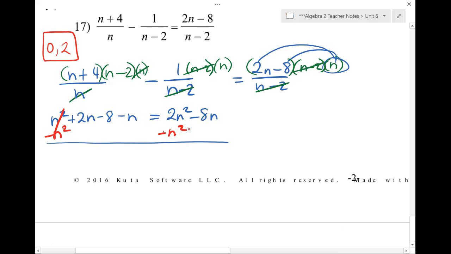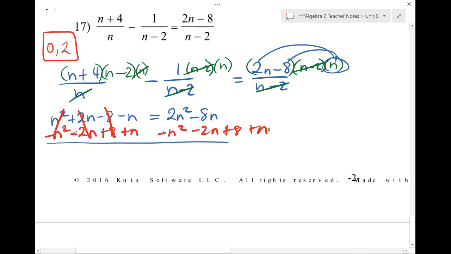Okay, so now I'm also going to get rid of this 2n from this side, so subtract 2n here, subtract 2n here, and then add 8 here. I should have combined the like terms, but I didn't, but that's okay. So I'm also going to add 8, and then also add n again.